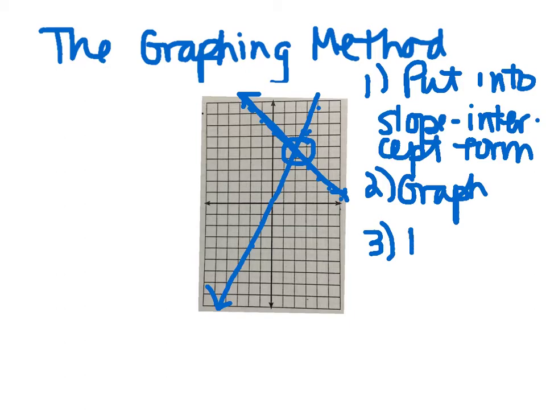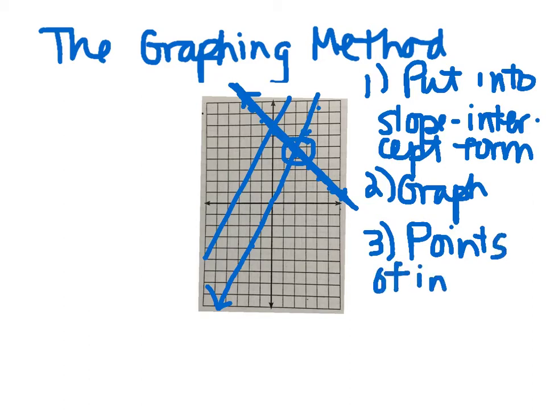So I will tell you it could be either one point, or if this happened to be a parallel line, there would be no solutions. Or if two of my lines were exactly the same, there would be infinite solutions. So any points of intersection are solutions.